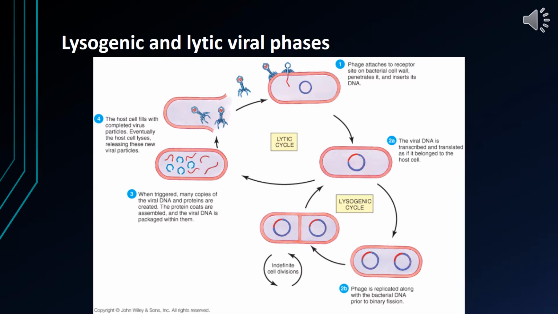So essentially, in the lytic viral phase, the cell immediately starts pumping out viruses, whereas in the lysogenic cell, it could be a long time, years even, before the virus is assembled and then lyses from the host cell.